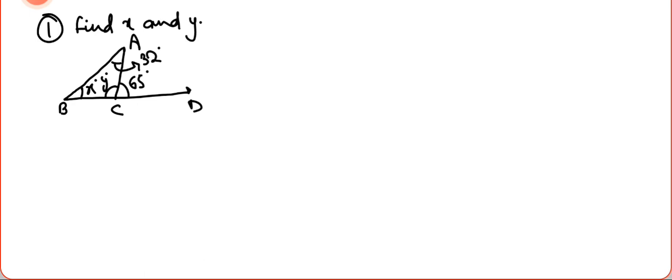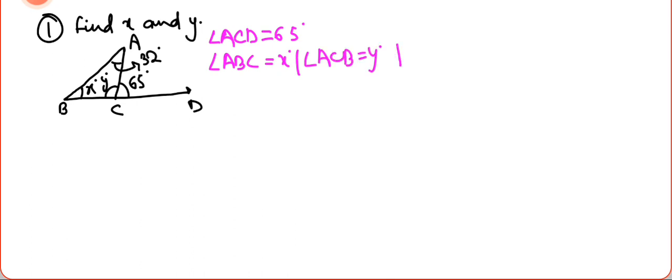In this figure, we have a triangle ABC where the exterior angle, that is angle ACD, is equal to 65 degrees, and the interior angles are angle ABC, which is equal to x degrees, angle ACB, which is equal to y degrees, and angle BAC, which is equal to 32 degrees.